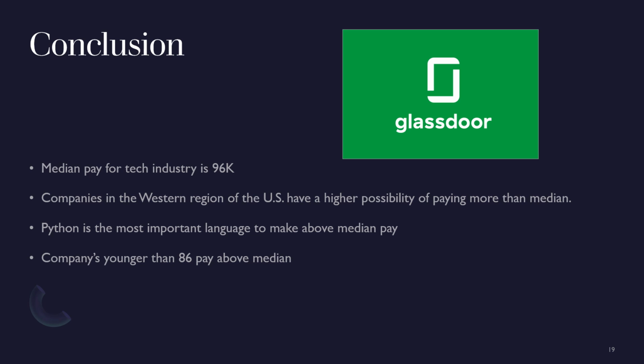But the other five, what are considered the five tech giants, are Google, Amazon, Apple, Meta, and Microsoft. And none of those are older than 86. None of those are older than 40.